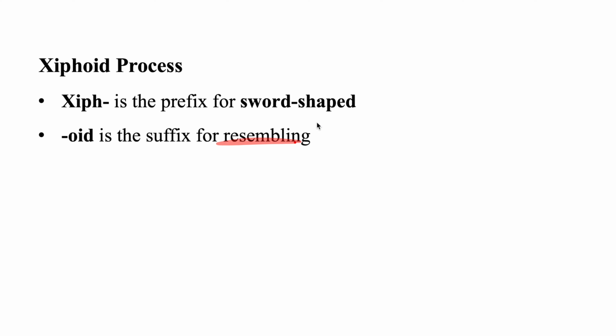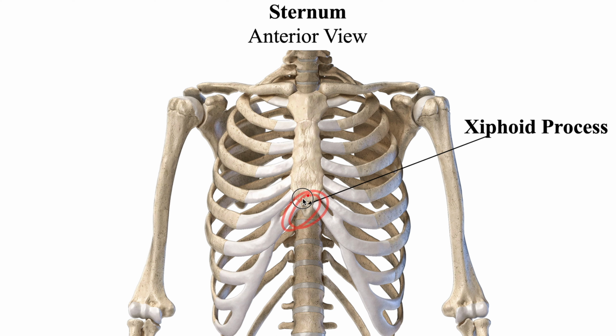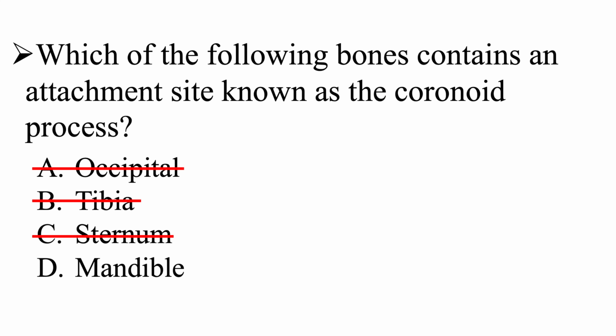So it's resembling the shape of a sword. Remember that process is a bony projection. So a xiphoid process is a sword shaped bony projection. And the xiphoid process is going to serve as an attachment site for our abdominal muscles. So the xiphoid process is not the coronoid process. So the sternum is not the correct answer, leaving us with the mandible.